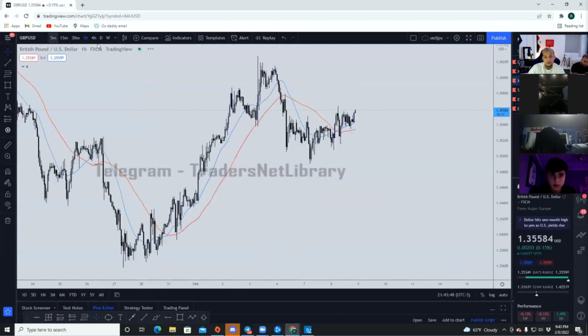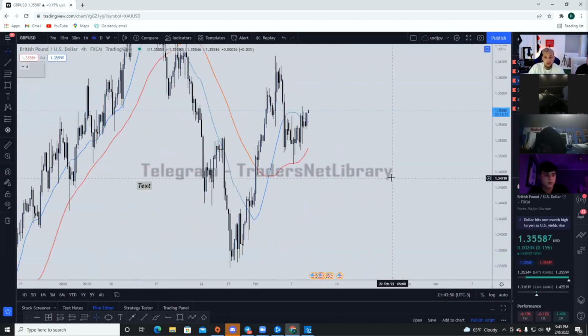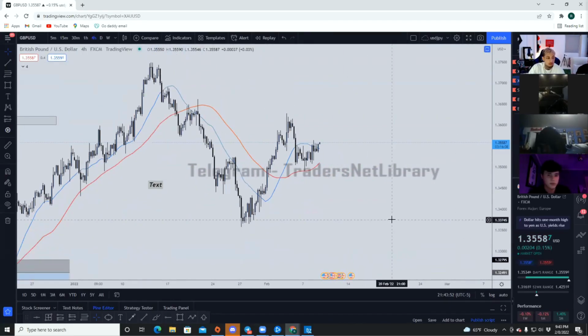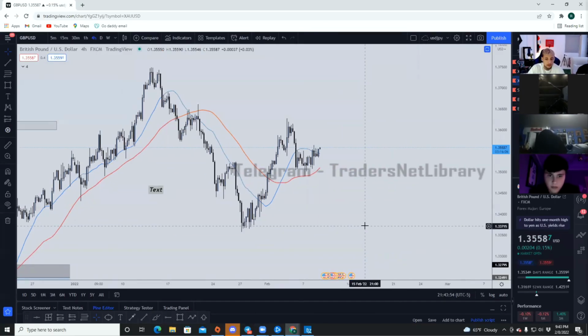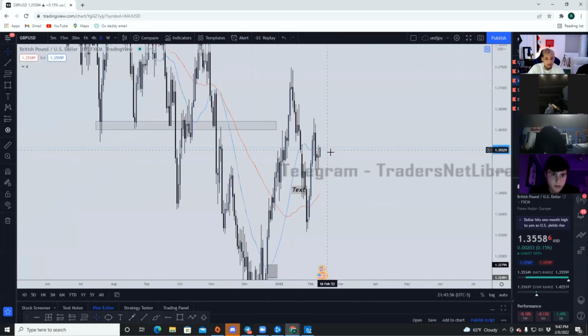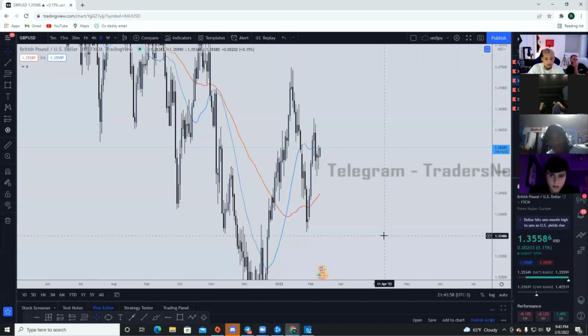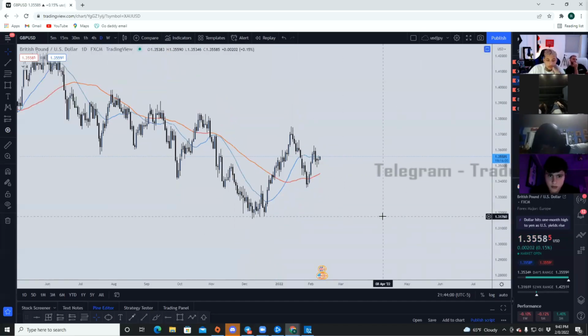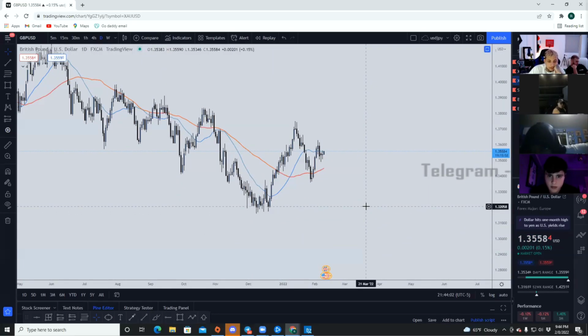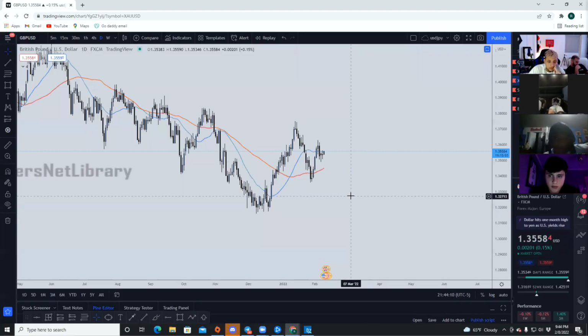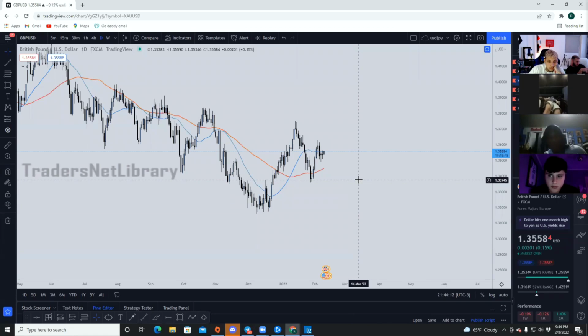Most of my mistakes I make are with structure. So if you go to the daily time frame, I see that the price is potentially forming a new higher low. But on the 4-hour, most of my trades I base on the structure.